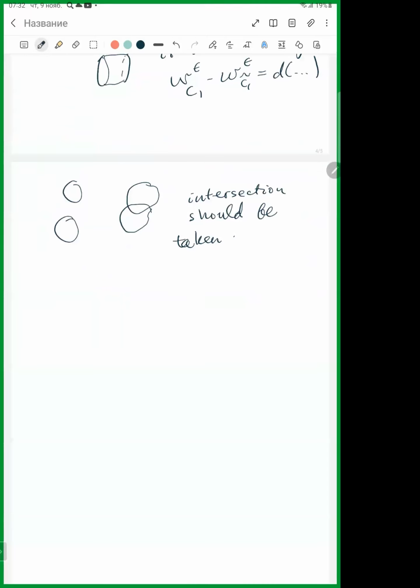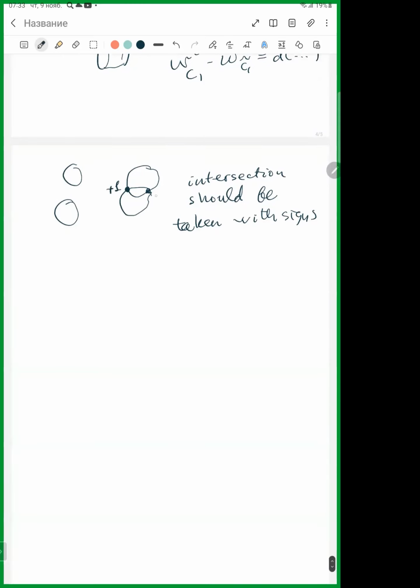So here you have contribution +1, and here you have contribution -1.